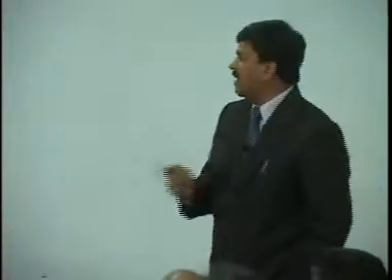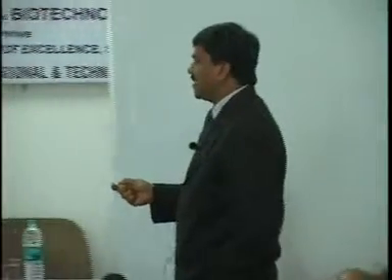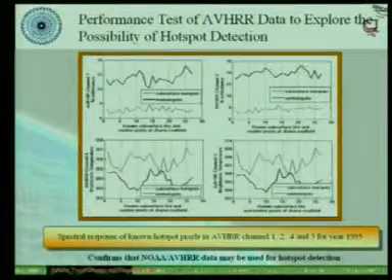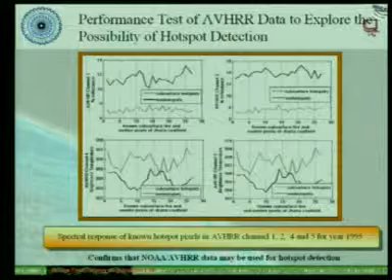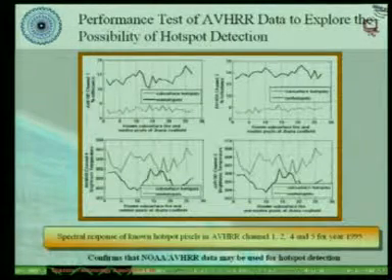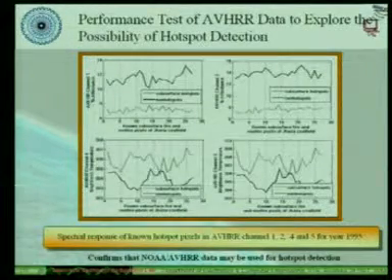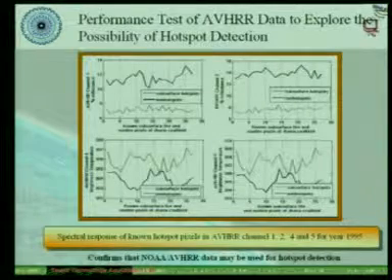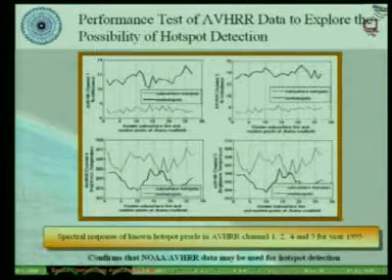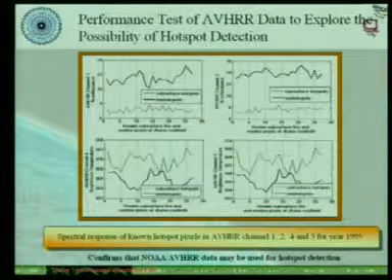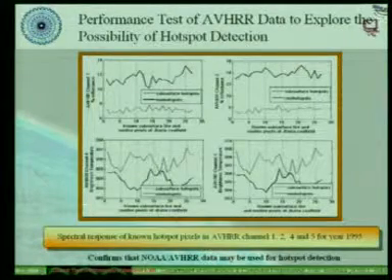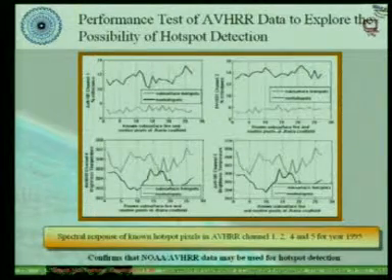So the first important thing is to go for the spectral analysis, and with the spectral analysis what we have seen is, this is for band 1, 2, 4, 5, this dark line is for the hotspot and the non-hotspot, and this lighter line is for the subsurface hotspot.